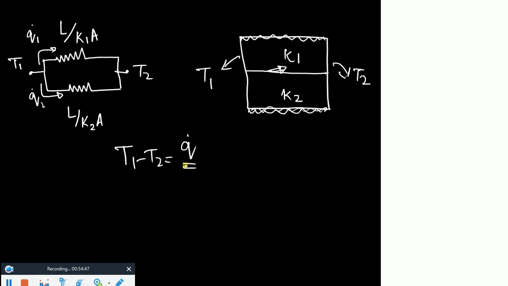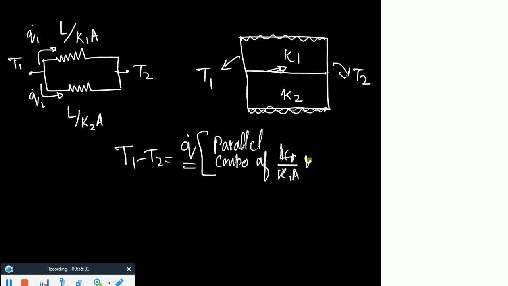Obviously that Q dot would be a combination of both of these two. The sum of Q dot should be equal to what? A parallel combination of L over K1A and L over K2A.